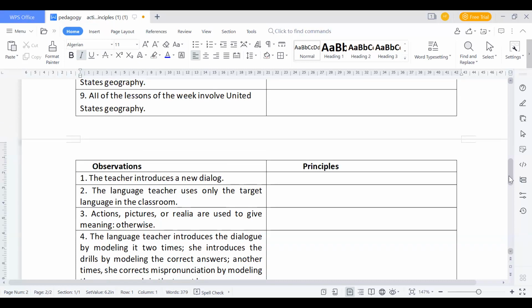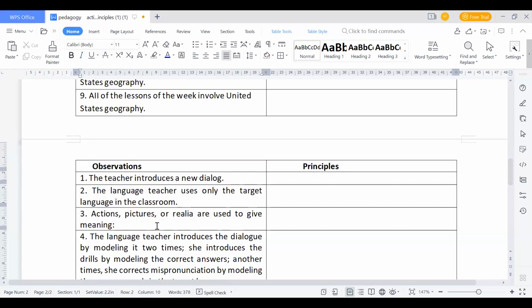Okay. Number 3, actions, pictures, or realia are used to give meaning. Otherwise, this is not needed. Actions, pictures, or realia are used because L1 is actually minimized.